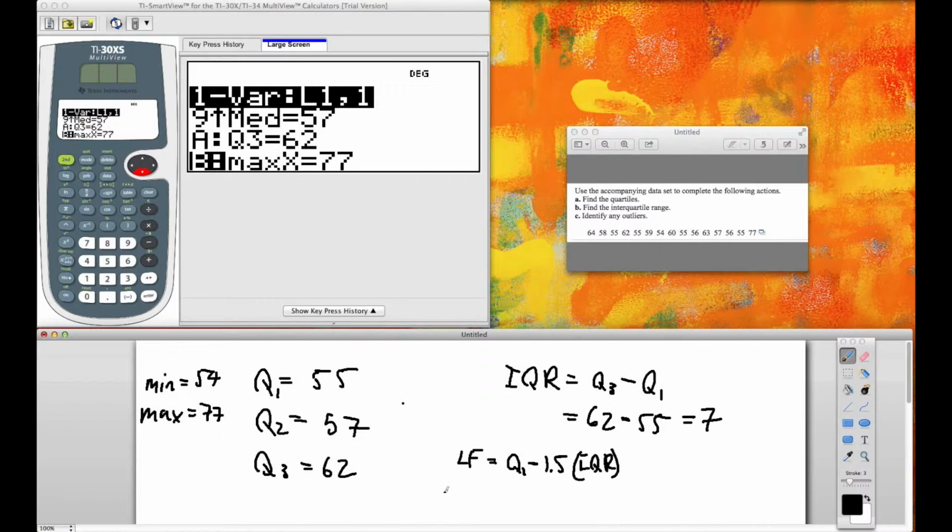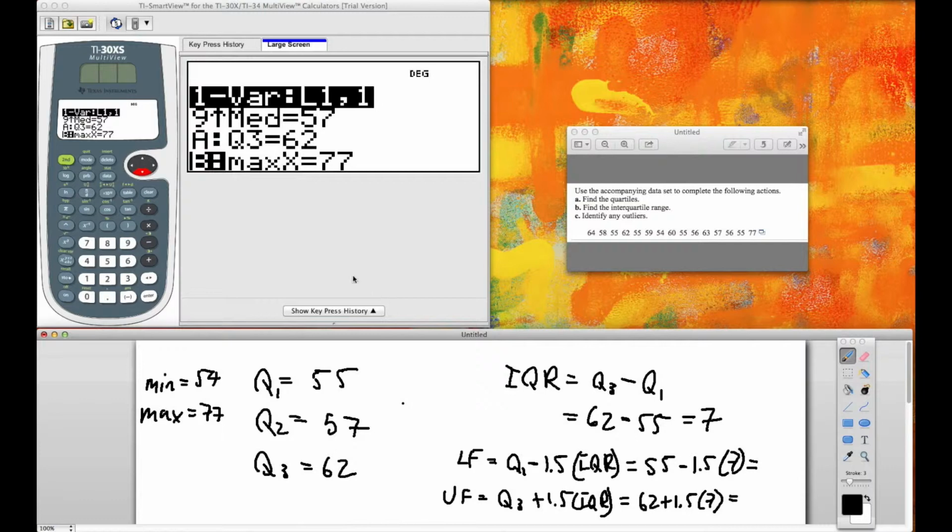And the upper fence is going to be Q3 plus 1.5 times the interquartile range. So let's go ahead and find what these two are. So this is 55 minus 1.5 times 7. And the other one is 62 plus 1.5 times 7.